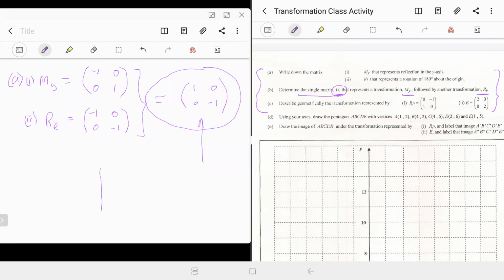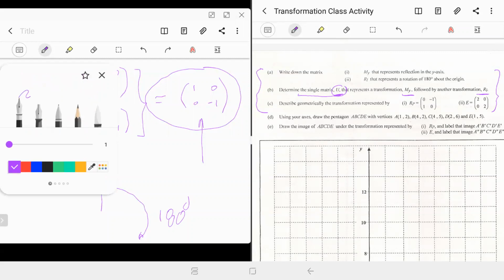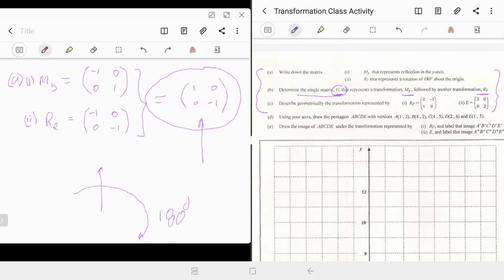If I have a y-axis reflection, which is what this is, and a 180-degree rotation, which is what this is, both of them, one followed by the next, must give me another reflection at 90 degrees to that, which is the x-axis reflection. And the x-axis reflection is 1, 0, 0, negative 1. So I know my answer already before we even start doing anything.